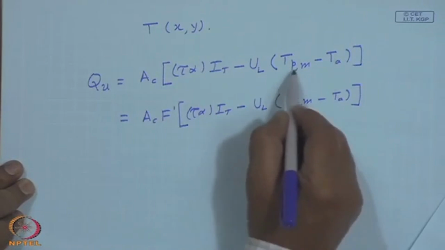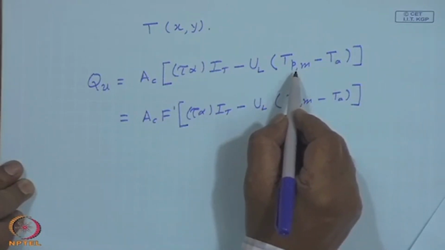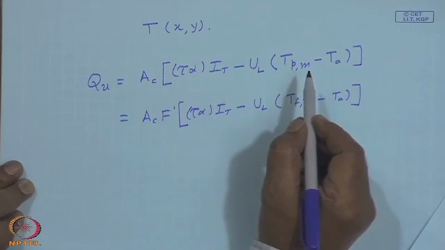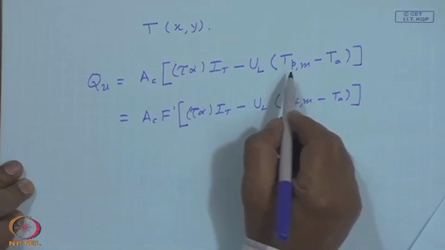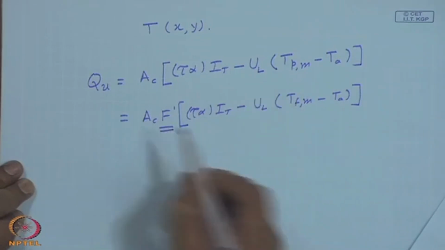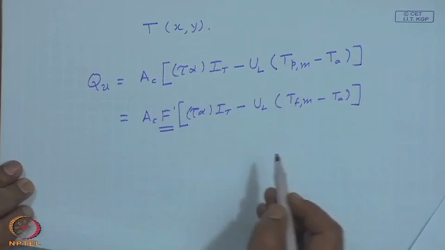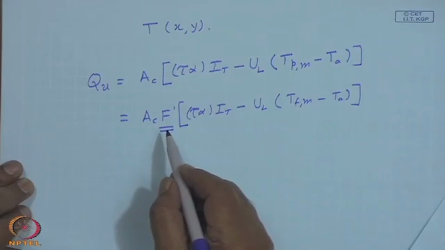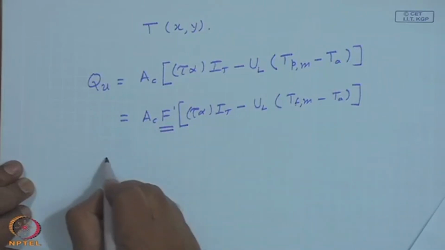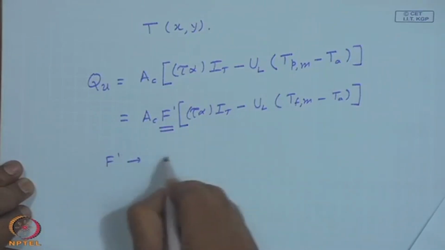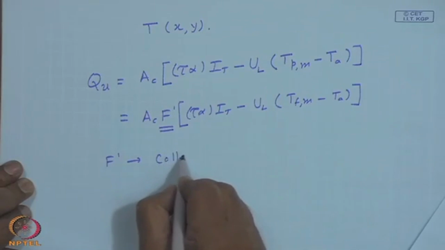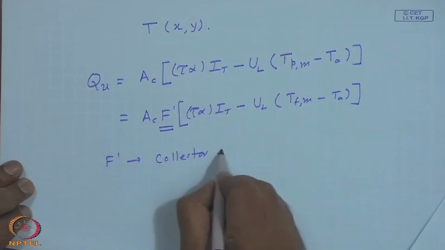If TFM is pretty close to TPM, we can say that the collector is more efficient. In other words, it is able to transfer the energy to the fluid to reach almost the plate temperature. Then this factor F dash will be close to unity. So, this F dash is called the collector efficiency factor, which we have already defined.